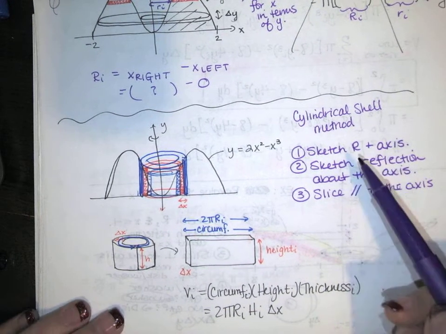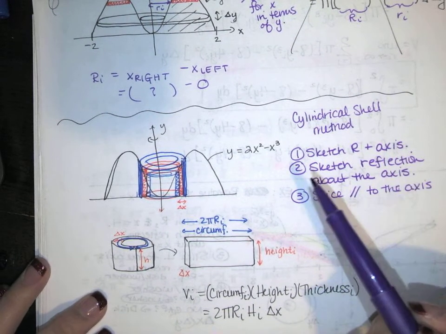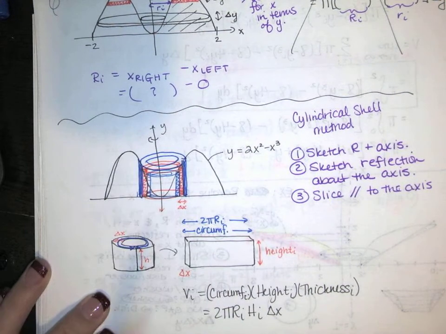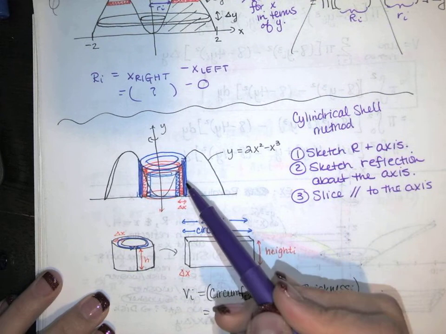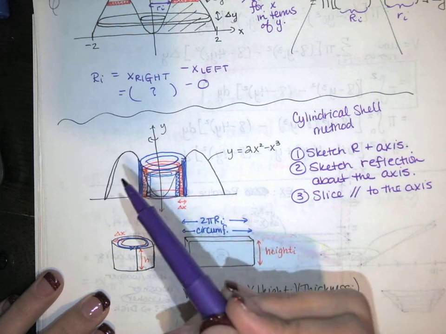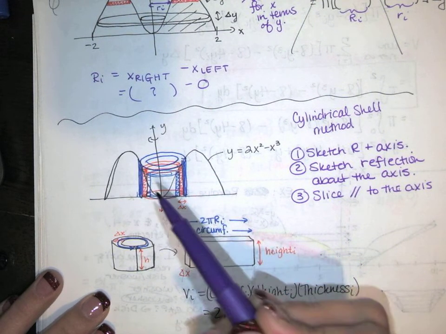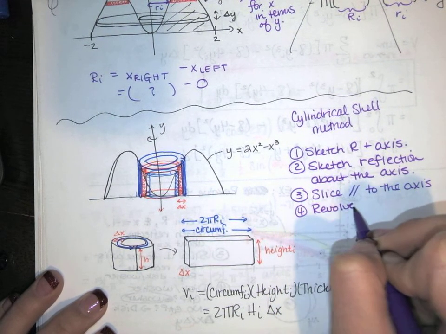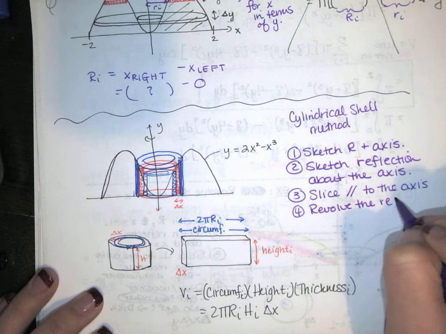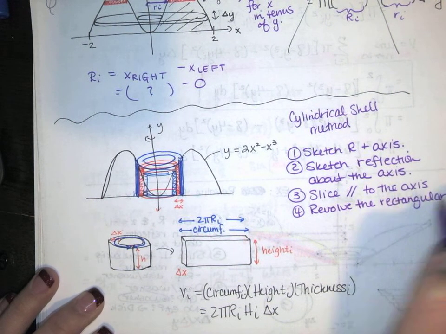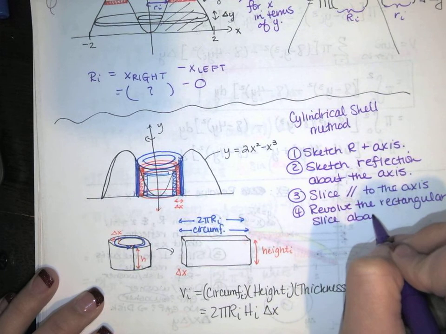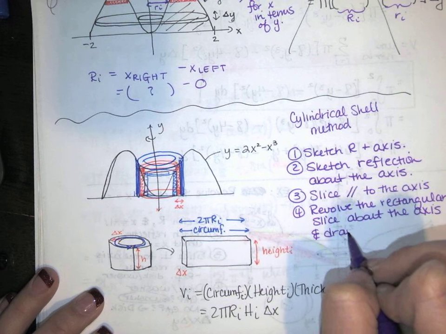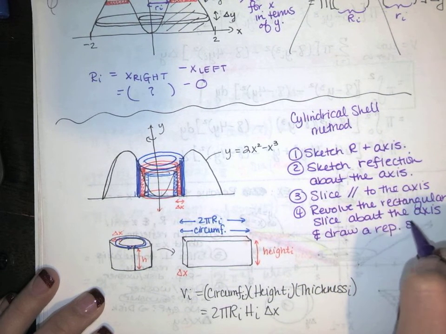We sketched the region and the axis that we're revolving around. We sketched the reflection of that region about the axis. So this guy appears over here in the reflection. And then we slice parallel to the axis and then revolve the rectangular slice about the axis, I keep saying rotate, and draw a representative cylindrical shell.